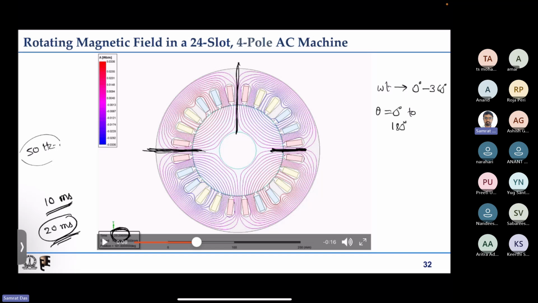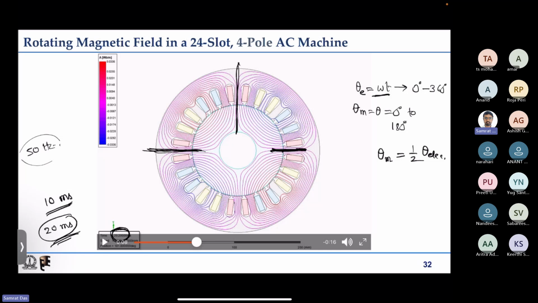That is where the difference comes for electrical and mechanical angles for higher number of pole cases. So we can see that it is simply divided by two. So the mechanical angle, theta mechanical, is half of theta electrical, right? This is the theta electrical, that is omega t, and this is the theta mechanical, which is the spatial angle theta.